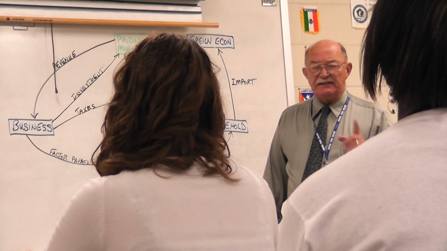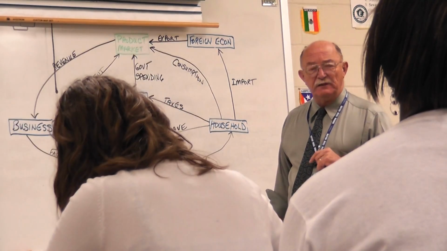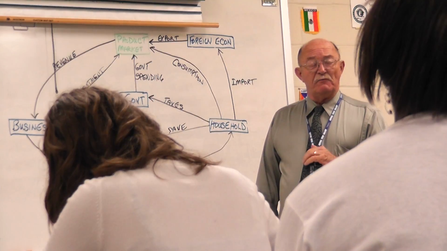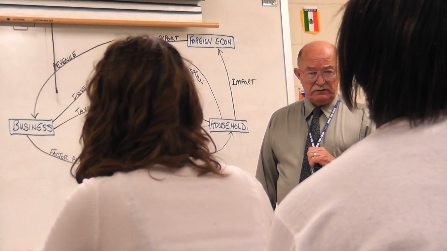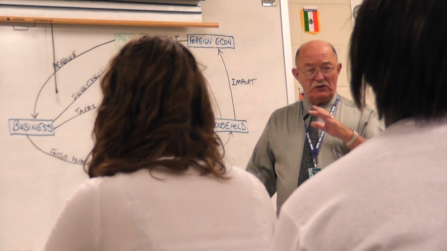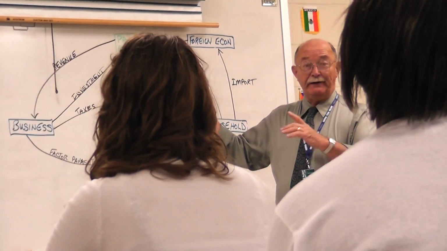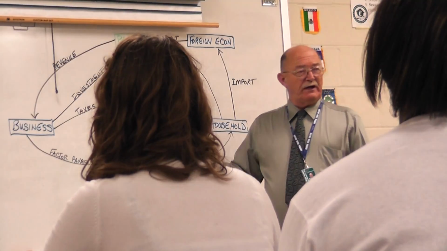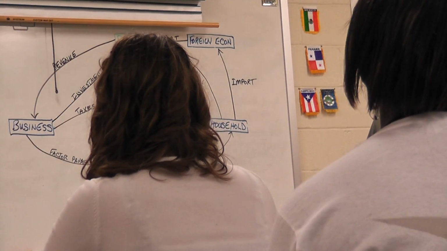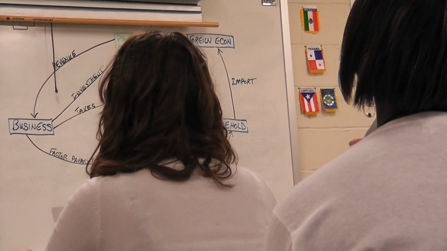Not the flow of a product, but the flow of money. The flow of a product would be just the reverse. It flows this way. But we're not showing that because I don't want to put so many arrows on here. It's going to look worse than a Rand McNally map, you know. But anyway, I'm trying to keep it as simple as possible.